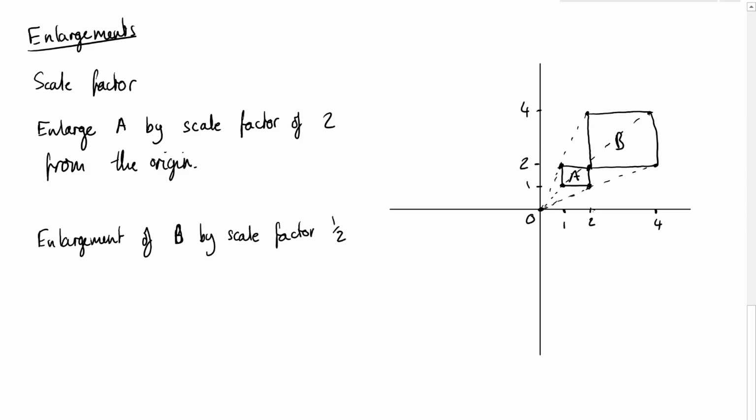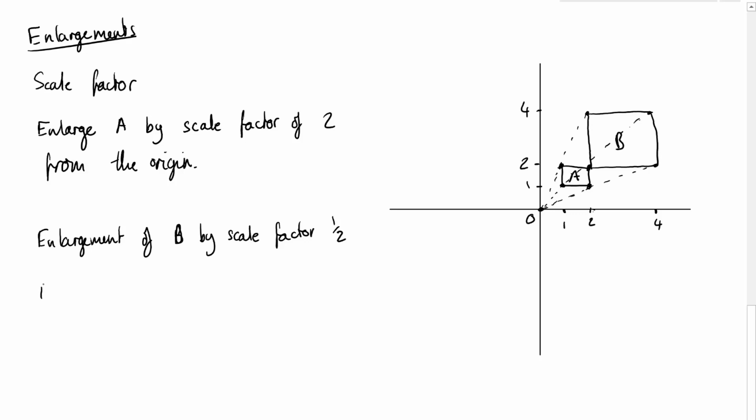Okay, that's because we essentially halved the distance to all of the points from the origin. And so not only could we have enlarged this thing, but we can also reduce the size of this thing by just flipping the scale factor that we're working with.